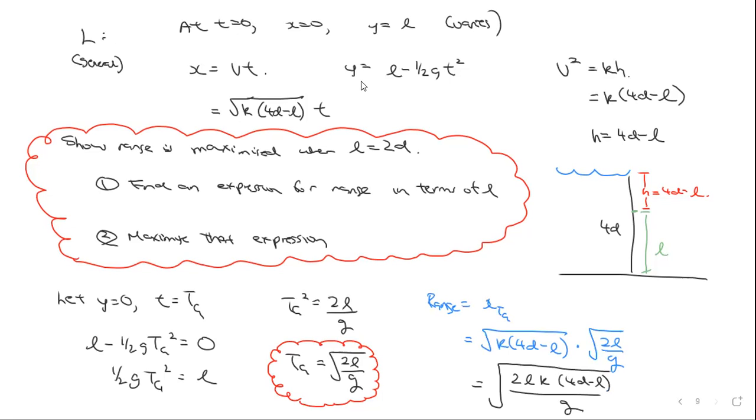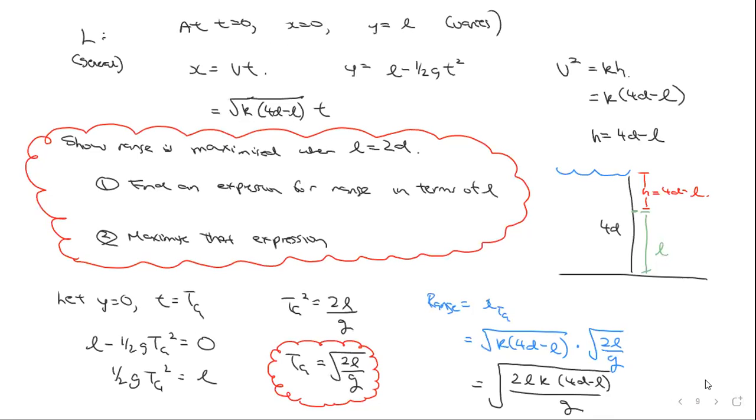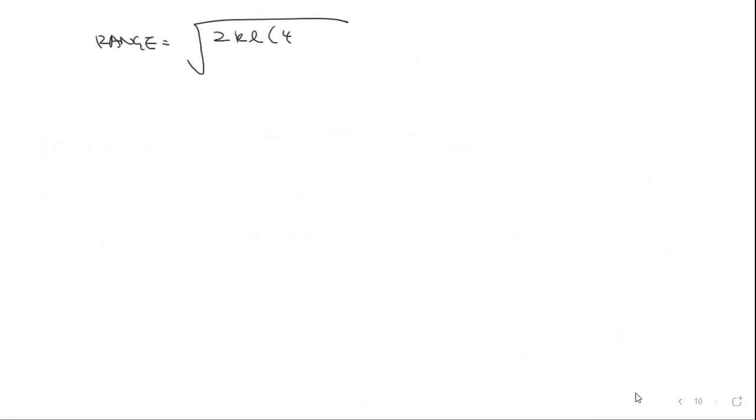Okay. So a lot of letters there, but nothing too difficult for the moment. So at this point in time, we've got the range equals the square root of 2kL(4d minus L) over g.